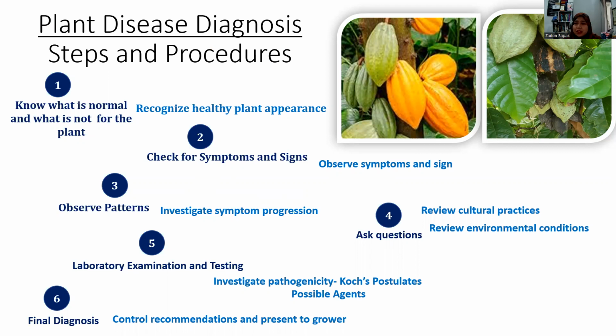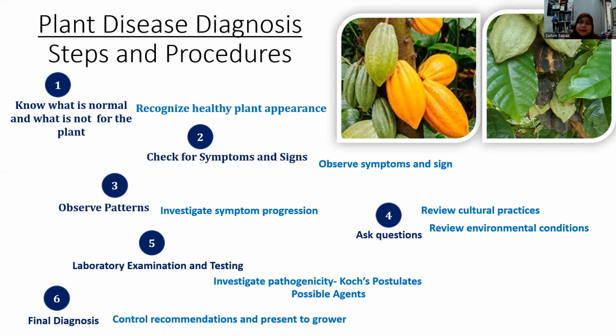For example, in this first photo, it shows healthy cocoa fruits, and the second one shows unhealthy, not normal cocoa fruits. So we could identify or observe the symptoms and signs of the pathogen.